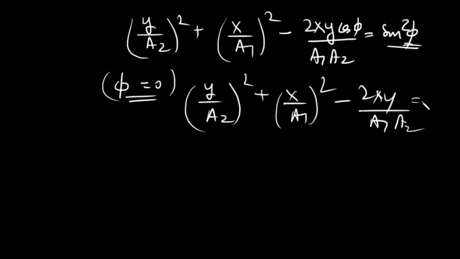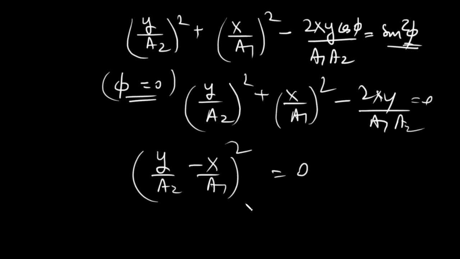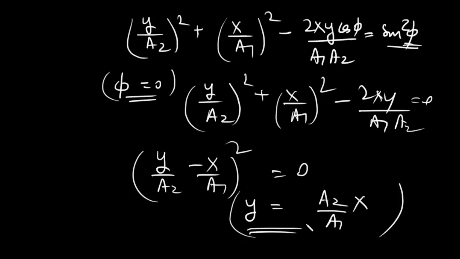So this would be 0. So simply this means y by A2 minus x by A1 whole square. So we have y equal to A2 by A1 x. Alright, y equal to A2 by A1 x. So what is the graph of y equal to x? Graph of y equal to x is like this.